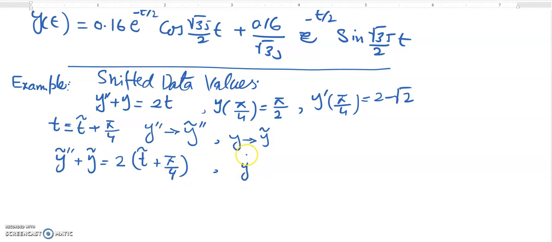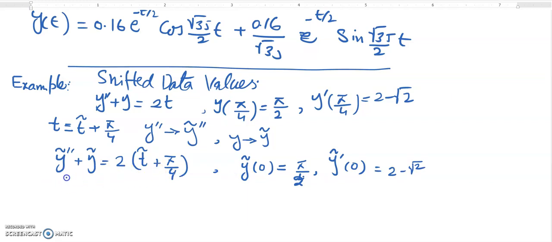Instead of y, we say y tilde, and for t tilde equal to 0, y tilde of 0 will be pi by 2, and y tilde prime of 0 will also be 2 minus root 2 as before.